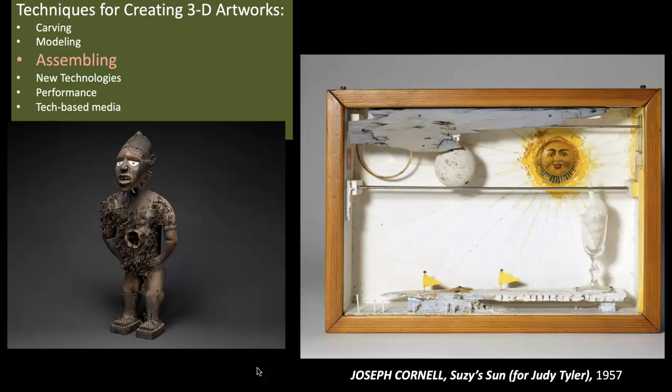The Nkisi Nkondi figure that you see on the left from the Congo people of Central Africa was often used by a shaman as a sculpture with which to perform a service to a client wishing to have a wish fulfilled with the divine intervention of ancestors or other divine forces.